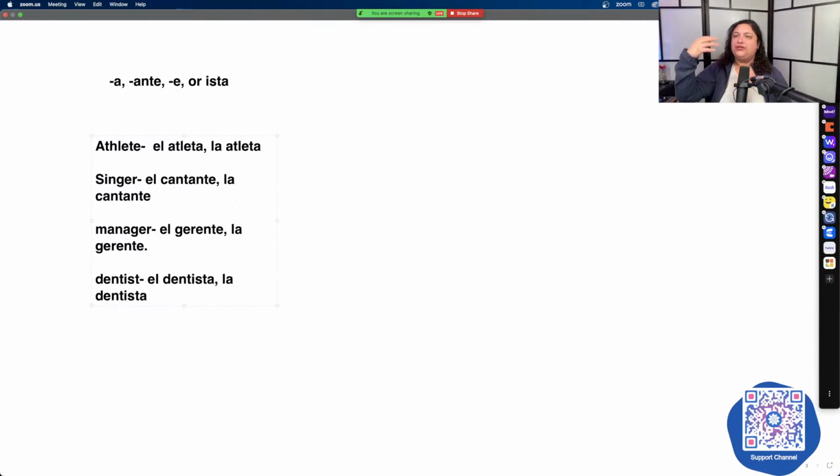So, usually when it comes to professions, regardless of the general rule, this is not all the time, we can add el or la. Except when you see endings like OR, then that's when you can put doctor or doctora. But when it comes to these endings, you can add either el or la depending on what gender that professional associates with.